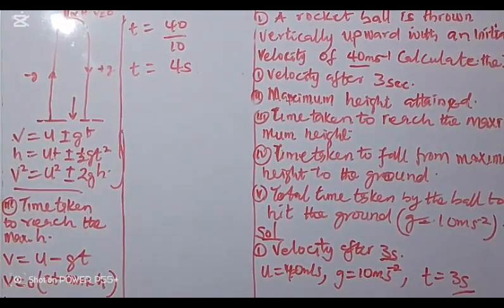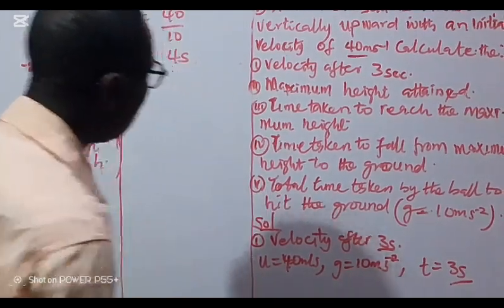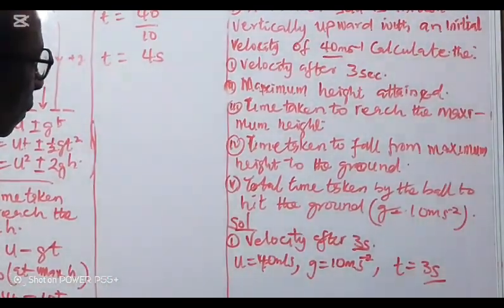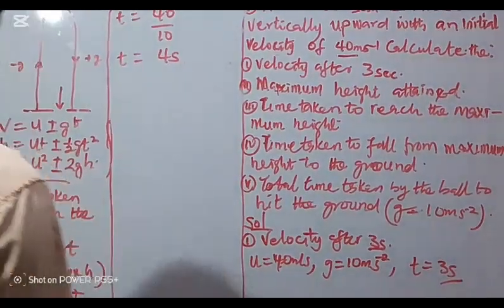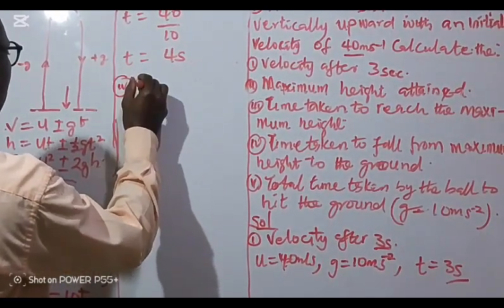4 seconds. Now, Roman figure 4. The time taken for the ball to fall from maximum height to the ground. That's Roman figure 4.